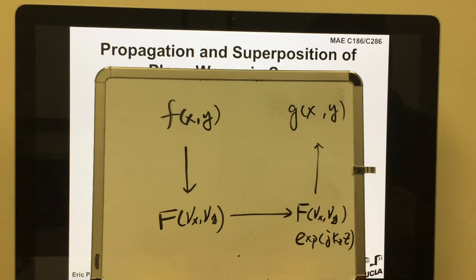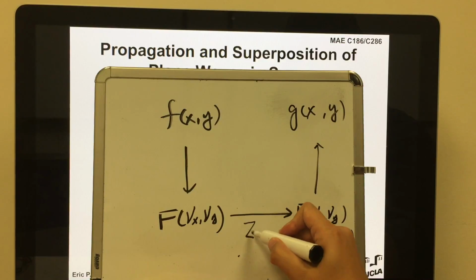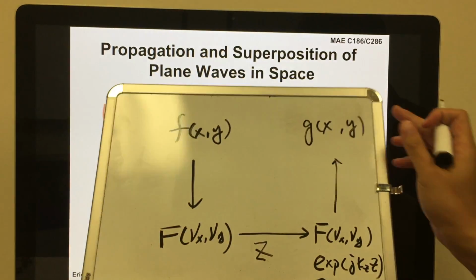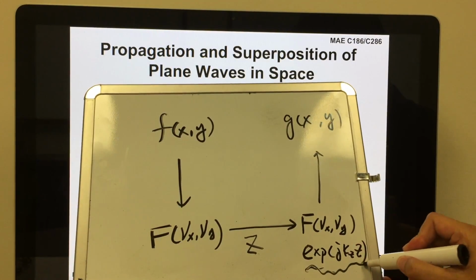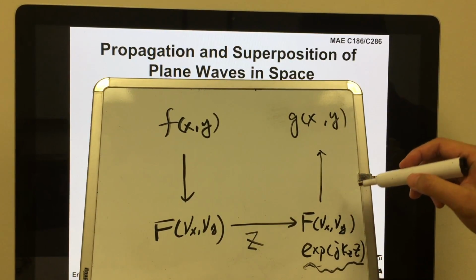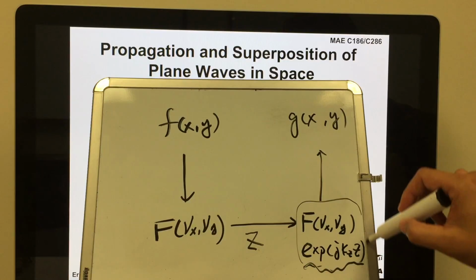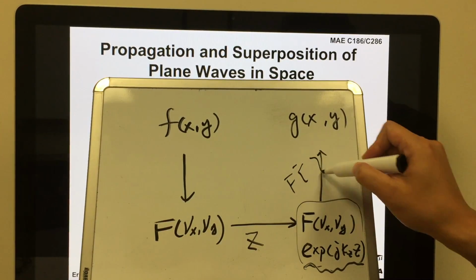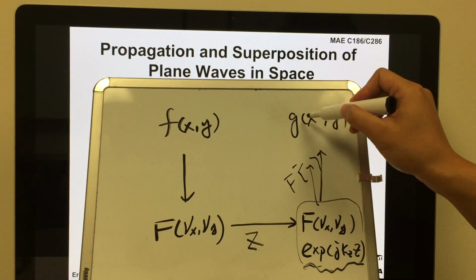When you propagate in free space at the distance z, each component has an extra phase term added into your Fourier transform function, and then you do an inverse Fourier transform of this entire function to get you here.